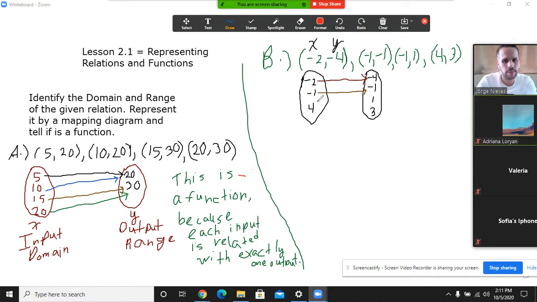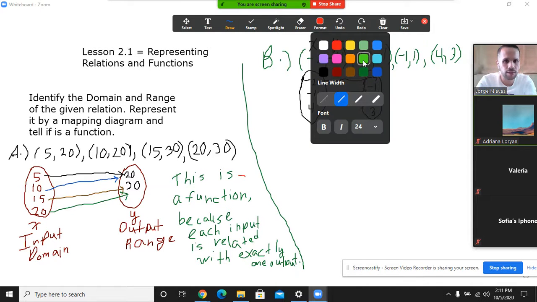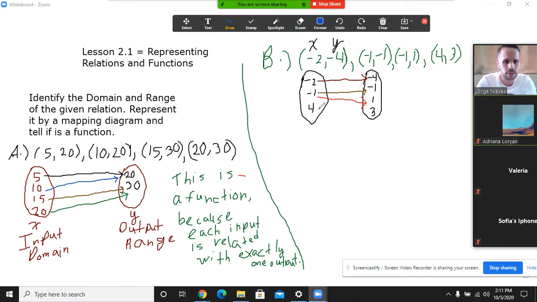Can someone see a problem there? Con dos outputs, o tiene dos outputs diferentes. So, rápido, gente, si usted visualiza eso, va a decir, well, this is not a function, y va a escribir por qué, ¿ok?